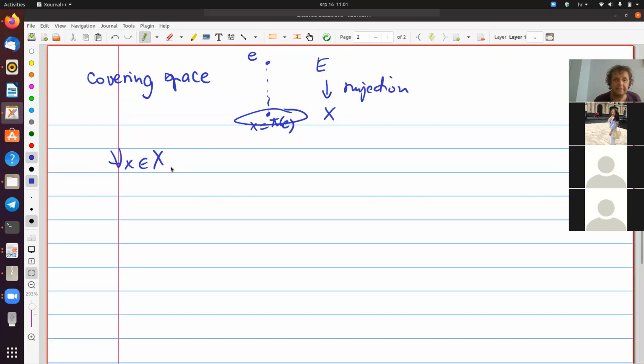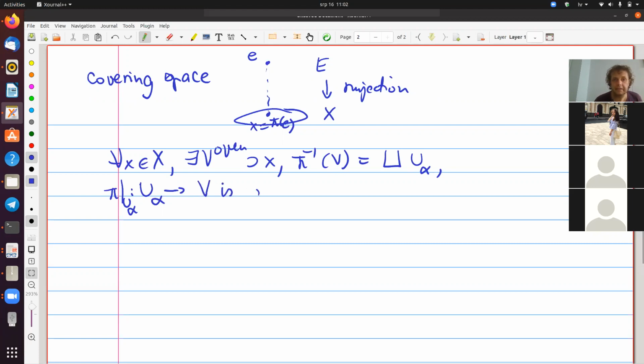And for every x in X, there exists V open around x, such that π^{-1}(V) is a disjoint union of open sets U_α, such that π restricted to U_α, from U_α to V, is a homeomorphism for every α.